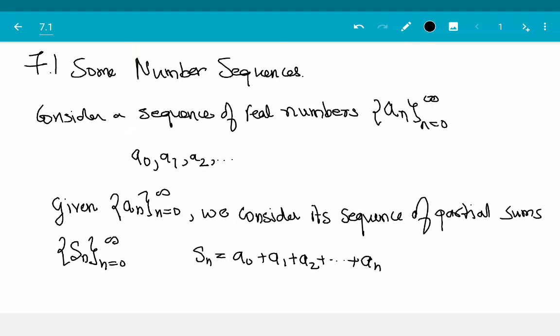So each S_n is a finite sum of things, and so it's going to be a finite value, right?